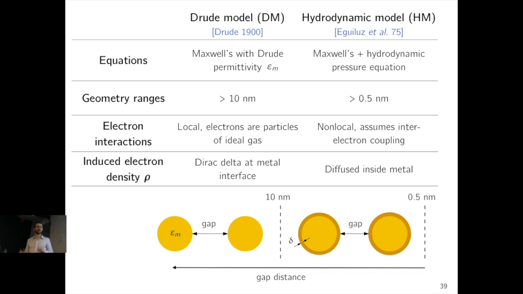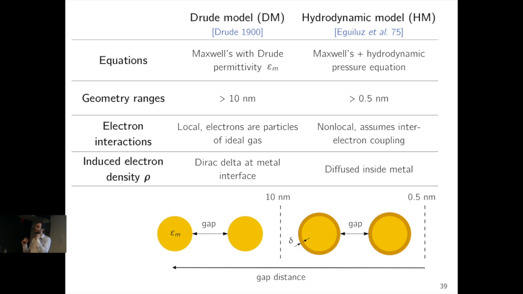These non-local interactions are accounted for using an additional hydrodynamic pressure equation that needs to be solved alongside Maxwell's equations. Again, this model enlarges the applicability range to about 0.5 nanometers, which is when quantum effects start to kick in. And again, quantum effects are not included in this model.